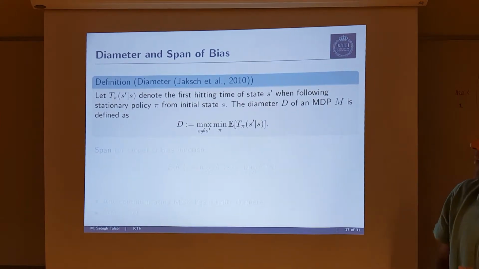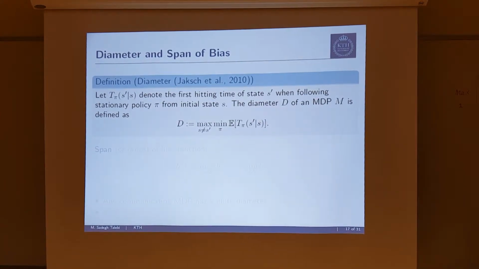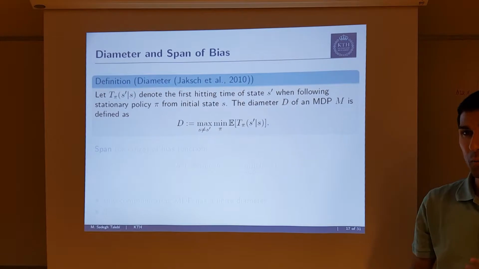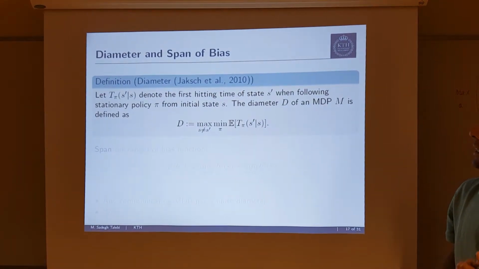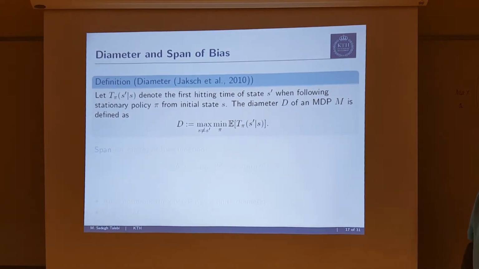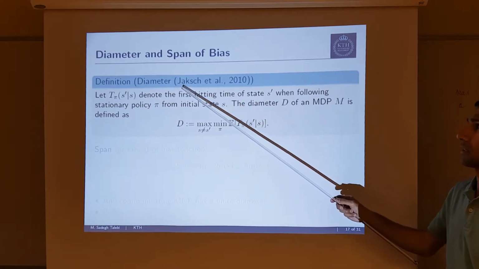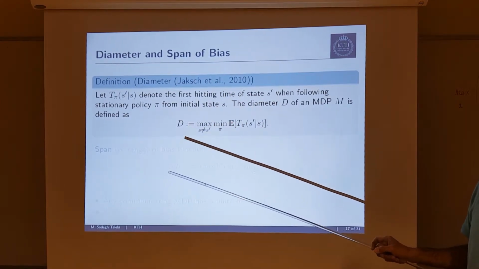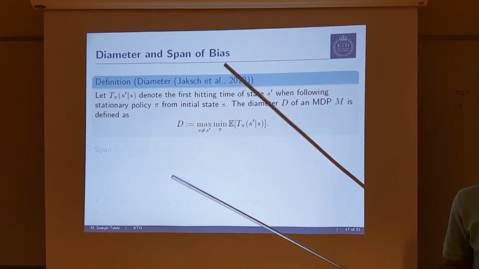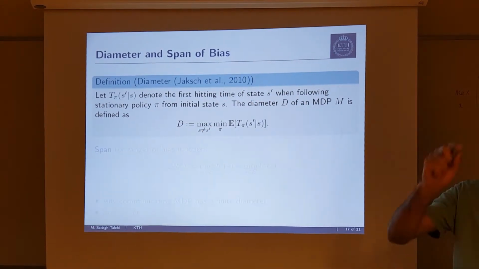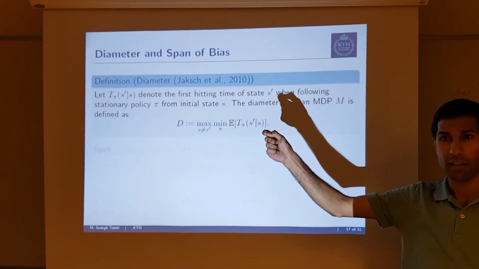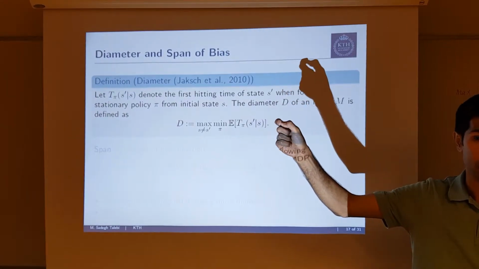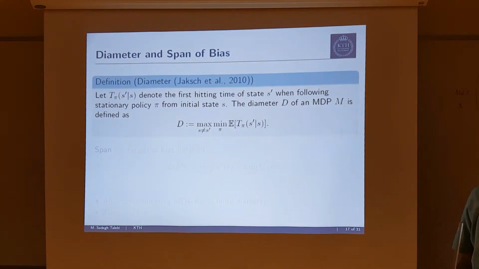The other thing that I introduce now, which could be interesting given what we have discussed so far, is the notion of diameter. It was introduced in the paper by Jaksch et al. in 2010. So remember this class of communicating MDPs, where you can reach any state from any other state in finite time in expectation, right? So we make it precise here.